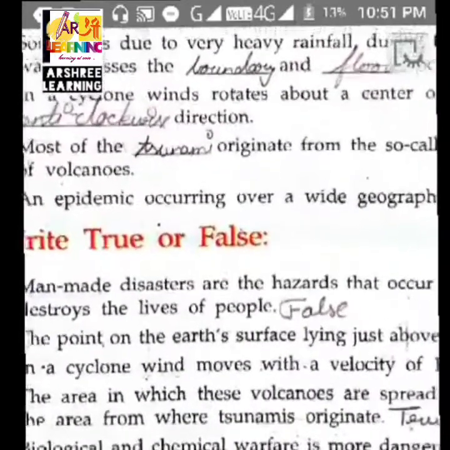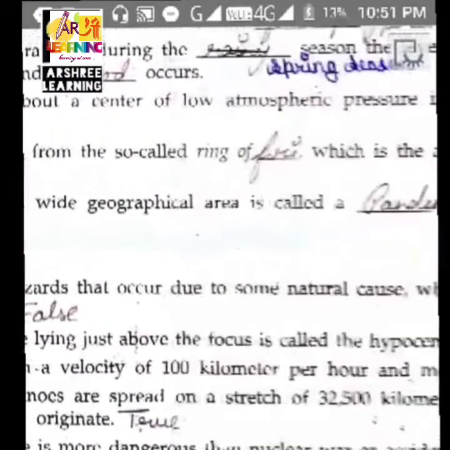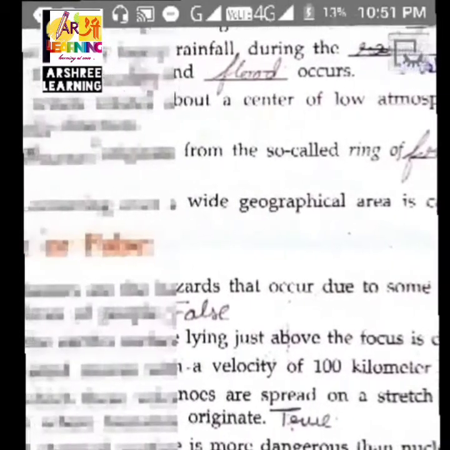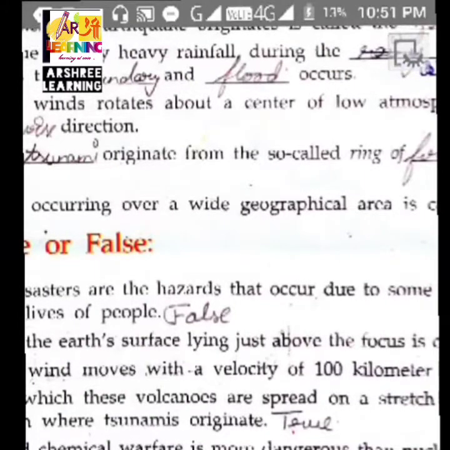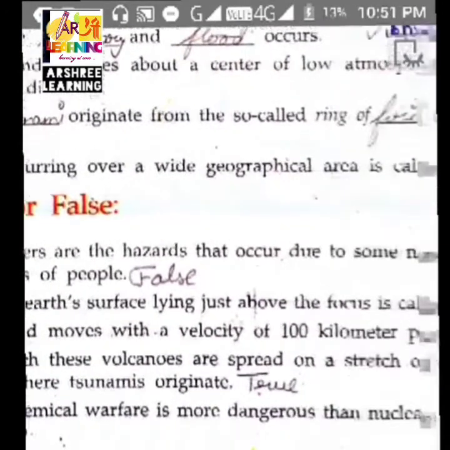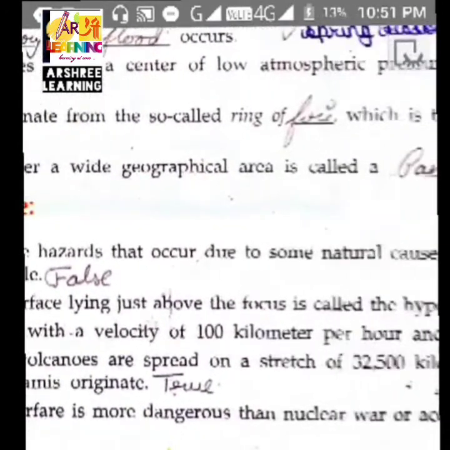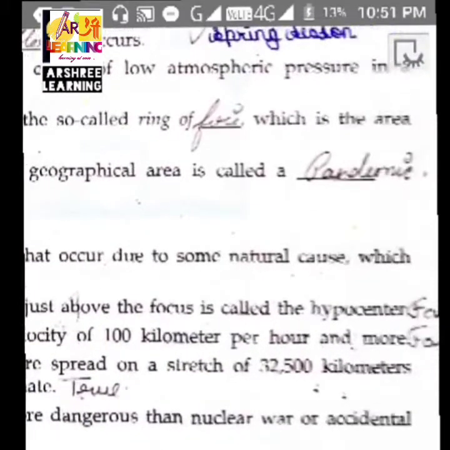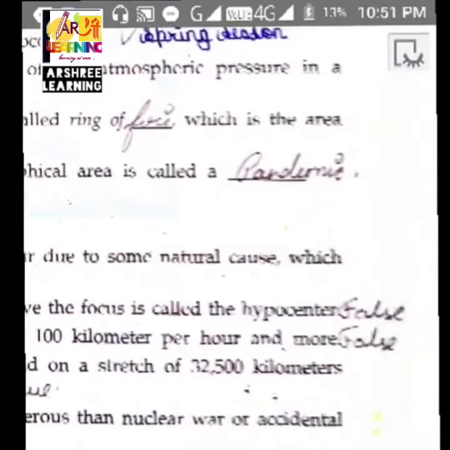Then true and false. Man-made disasters are hazards which occur due to some natural cause. So this is false. Man-made disasters are caused due to the effect of man's interference. The point on the Earth's surface lying just above the focus is called the hypocenter. So what is it called, hypocenter, or is it called the epicenter?